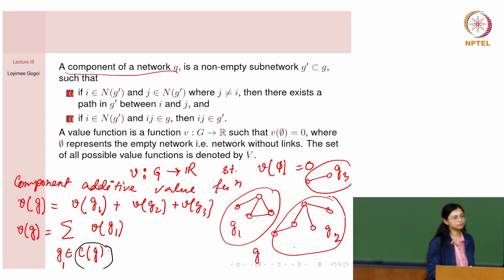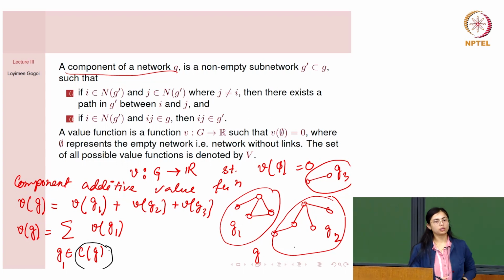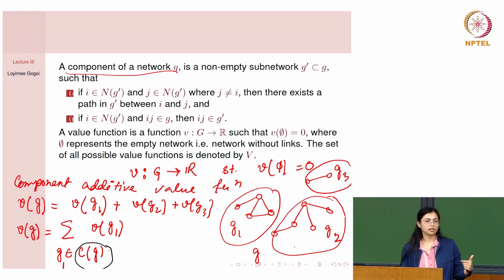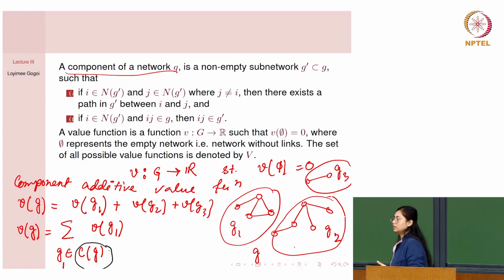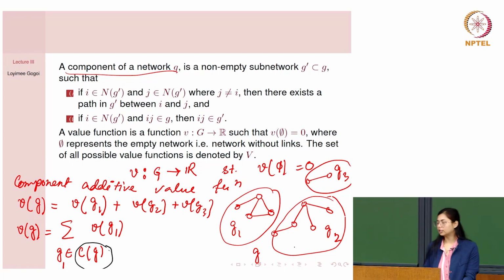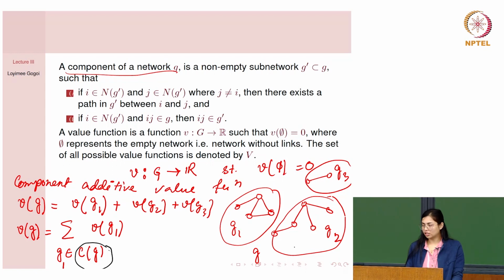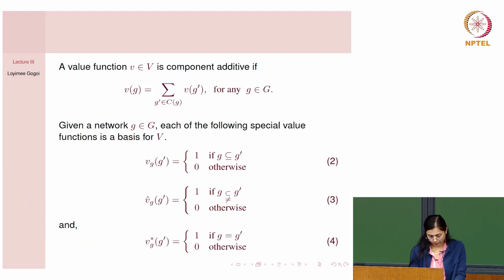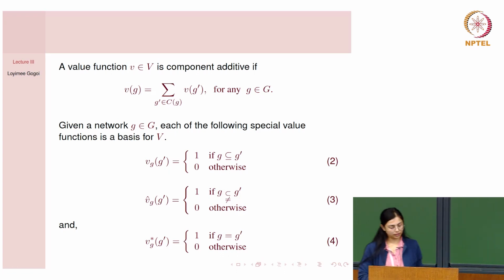In network games, we have two different kinds of value function: one is component additive and one is not component additive. We mostly talk about the component additive value function. So this definition is clear. This is the definition for the component additive function.